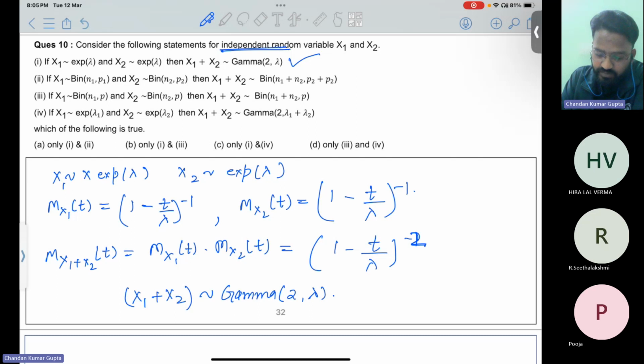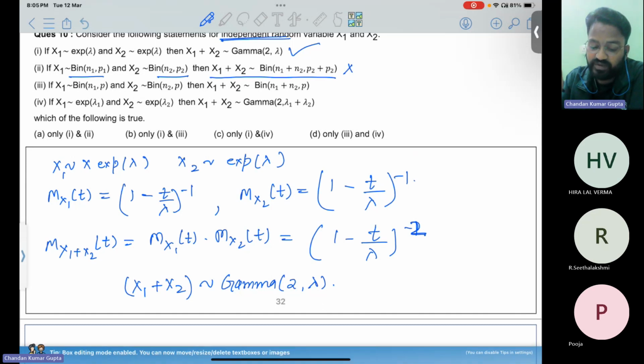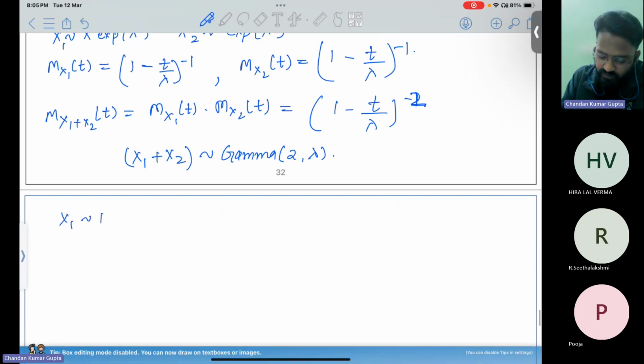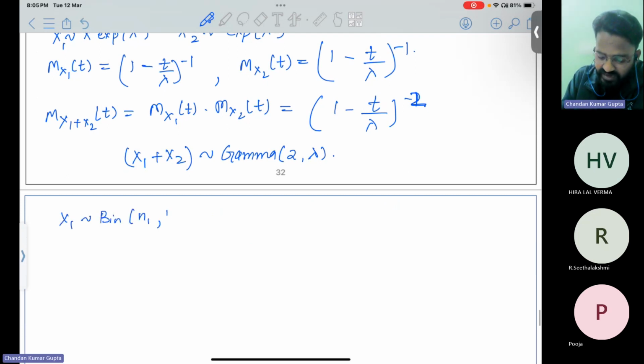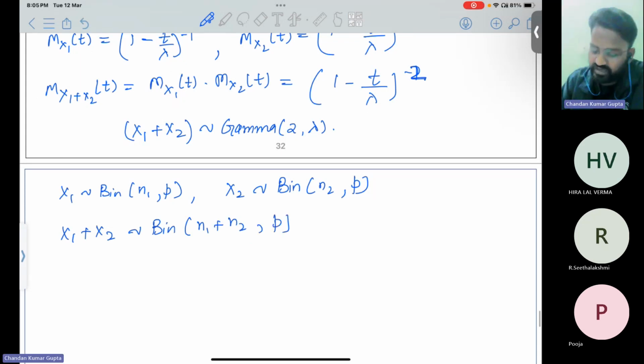The second one is x1 follows binomial n1 p1 and x2 follows binomial n2 p2, so x1 plus x2 follows binomial. This is not right, because for the binomial distribution we have already discussed that if x1 follows binomial n1 p and x2 follows binomial n2 p, then x1 plus x2 follows binomial n1 plus n2, p.